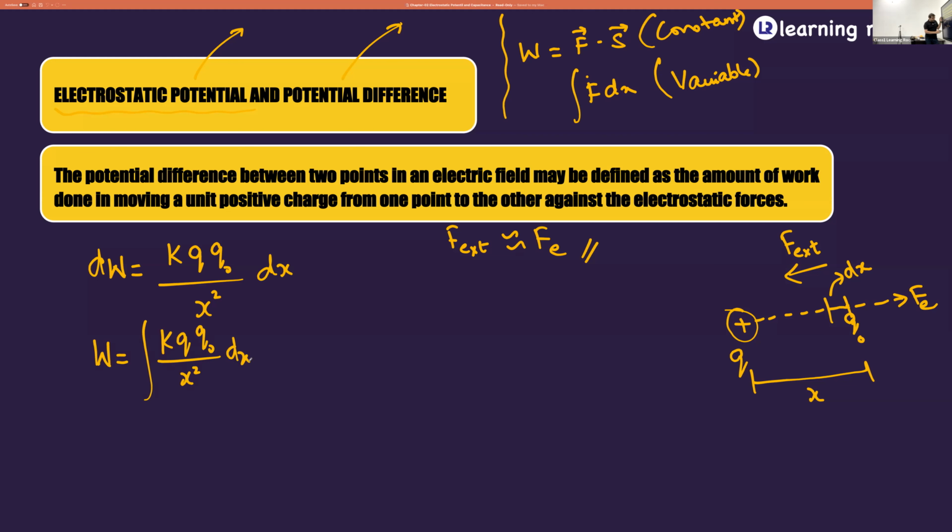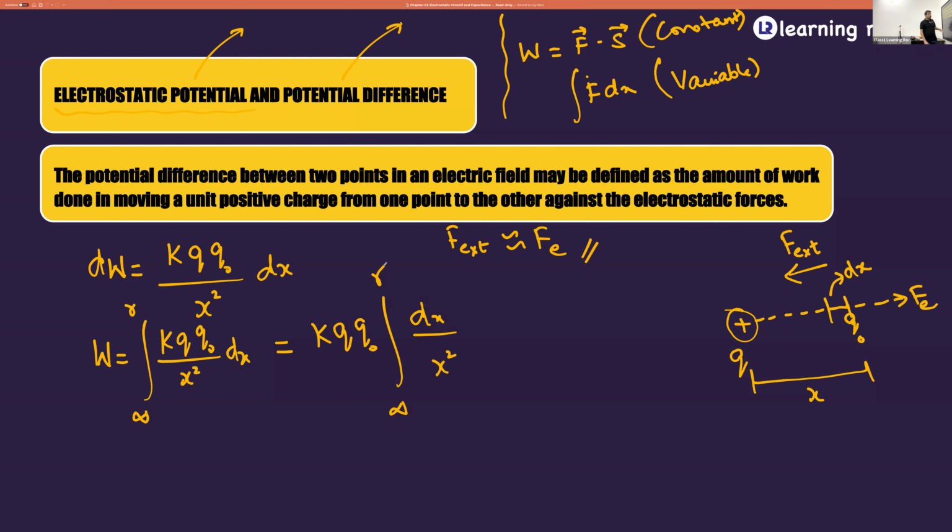Let me take the first point to be infinity, meaning a point which is outside the electric field, and the second point to be at a distance R. So what I can take out of the integral is KQ Q naught, times the integral of dx divided by x square, varying from infinity to R. Did you understand the story?